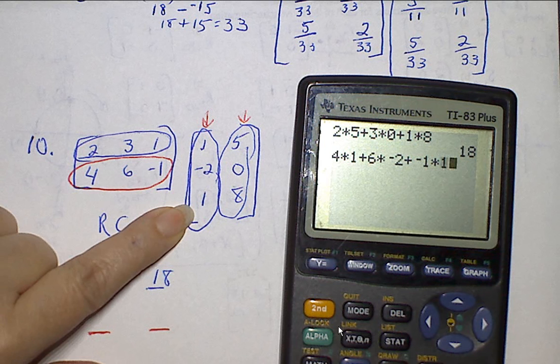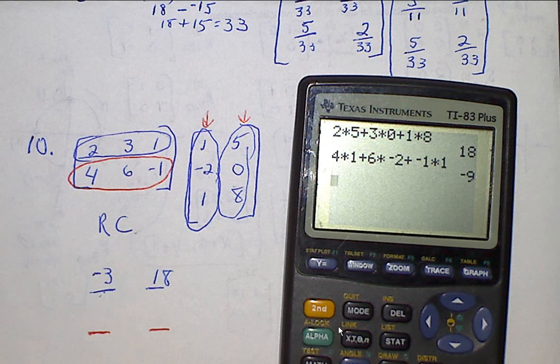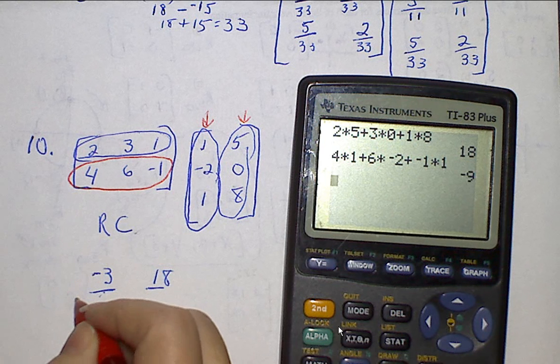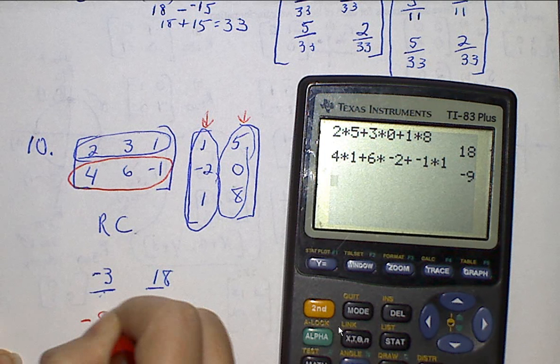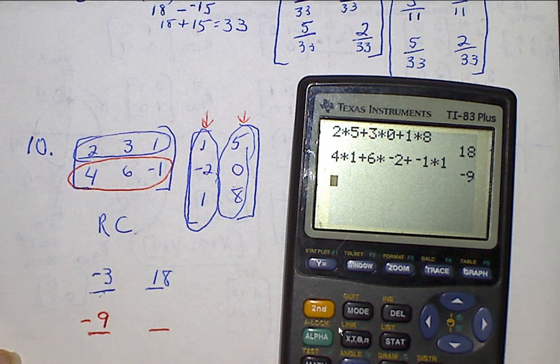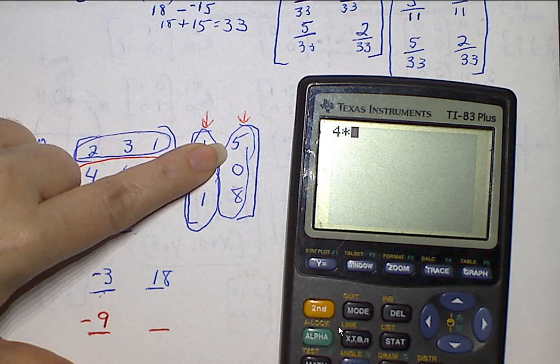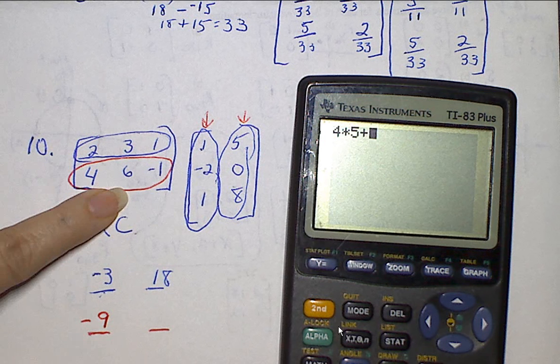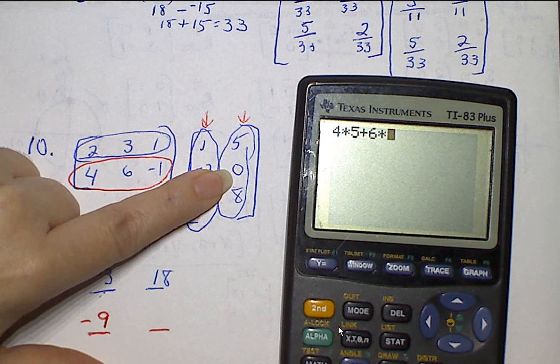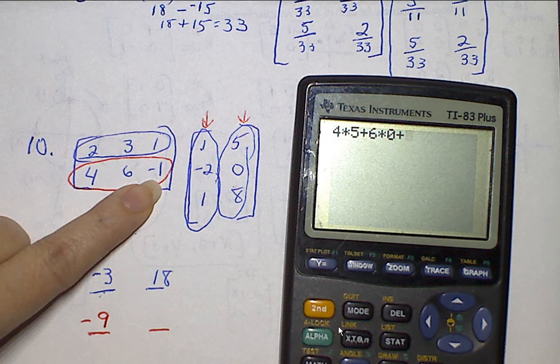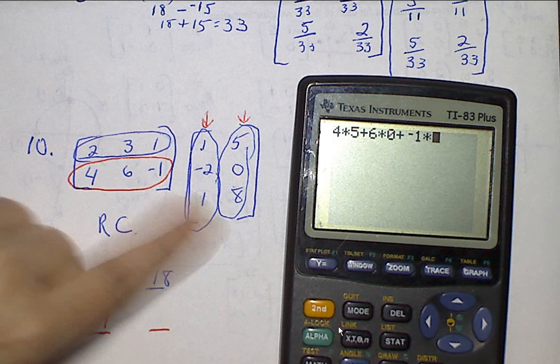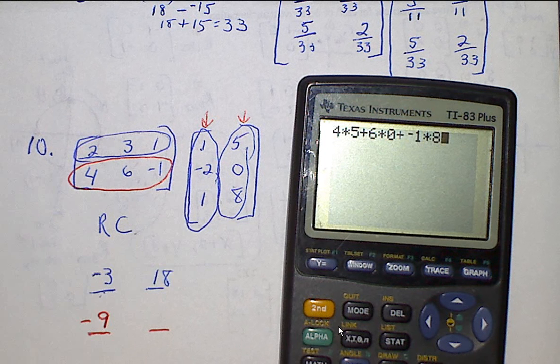Gives me a negative 9. And then my last number, I'm going to clear that again. I get 4 times 5 plus 6 times 0 plus negative 1 times 8, which is 12.